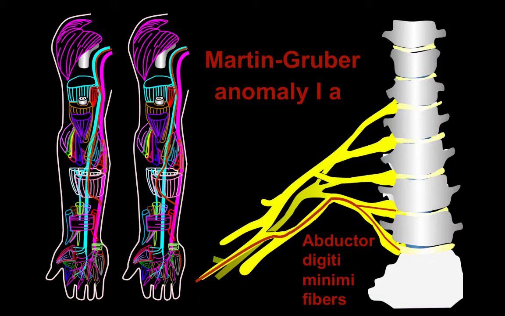Please take a moment to notice the trajectory of the abductor digiti minimi fibers in the brachial plexus and in the forearm in Martin-Gruber anomaly type 1A, where all the fibers travel with the median nerve. Here they are represented by the brown line. And in type 1B, where only some fibers travel in the median nerve, then join the ulnar nerve at the forearm.